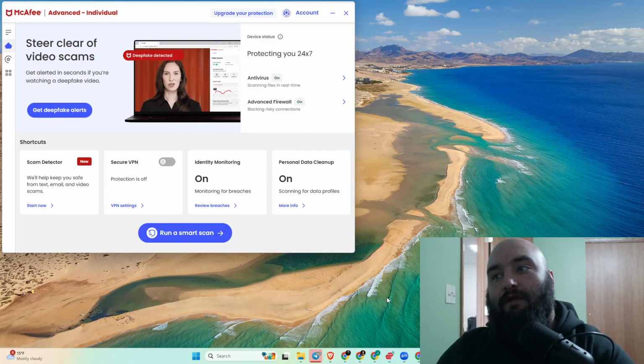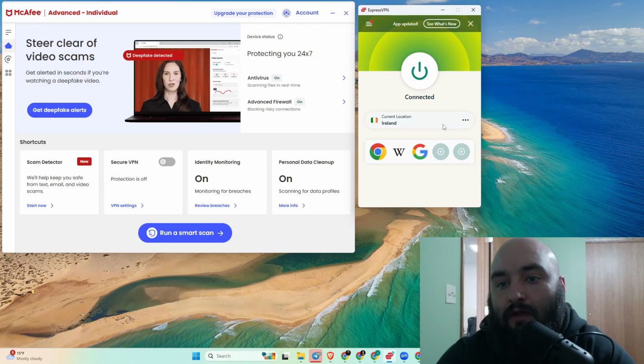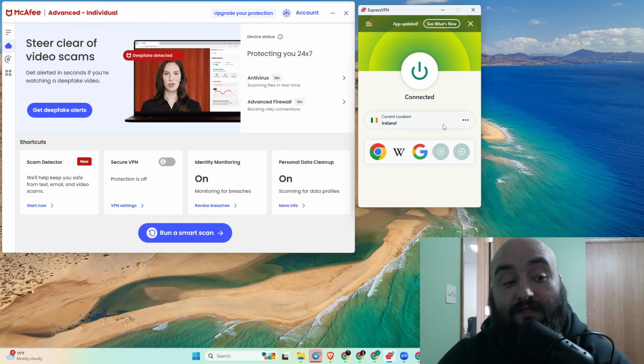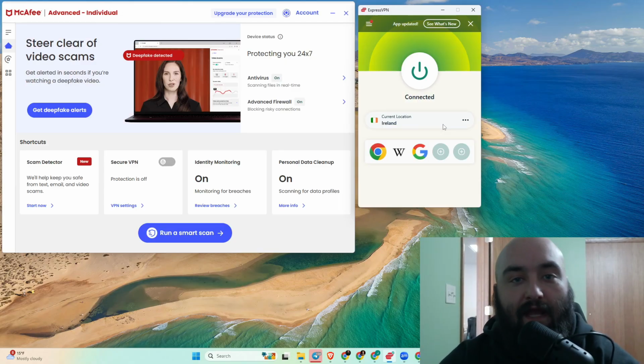Okay, so the second piece of security is a VPN. A VPN is kind of like a twofold solution here. So the first thing, and one of the most important things, is it routes your traffic to a different location. Let's say you're connected to a public Wi-Fi. People that are much smarter than I can connect to that Wi-Fi and gain access to all the different devices connected to it.